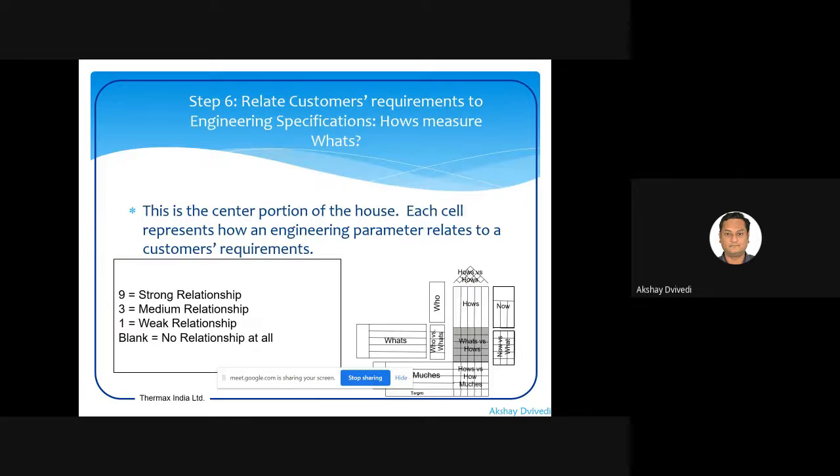Once you do this, you go into a zone where you find the relationship between the what's and hows. So basically we want to find the relationship between the what's and hows. This is that relationship type which I mentioned, for example a dark circle, a circle or a triangle. It can be even on a negative side.